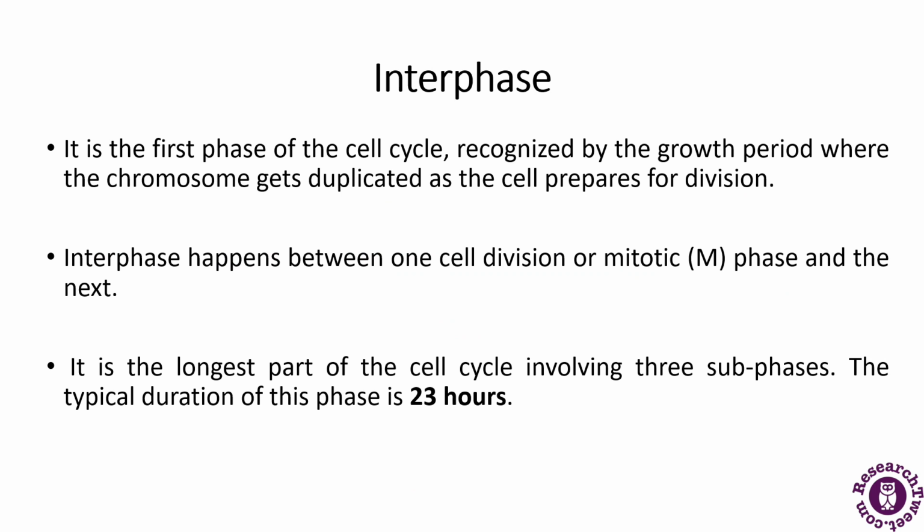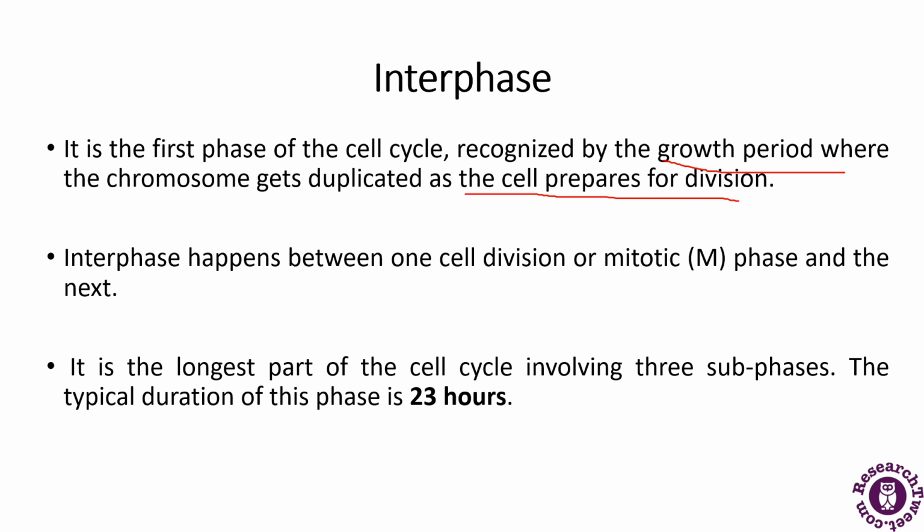Now we will be talking more about the interphase here. The interphase is the first phase of the cell cycle, and it is recognized as the growth period where the chromosome gets duplicated and the cell prepares for cell division. So this is what is happening in interphase.